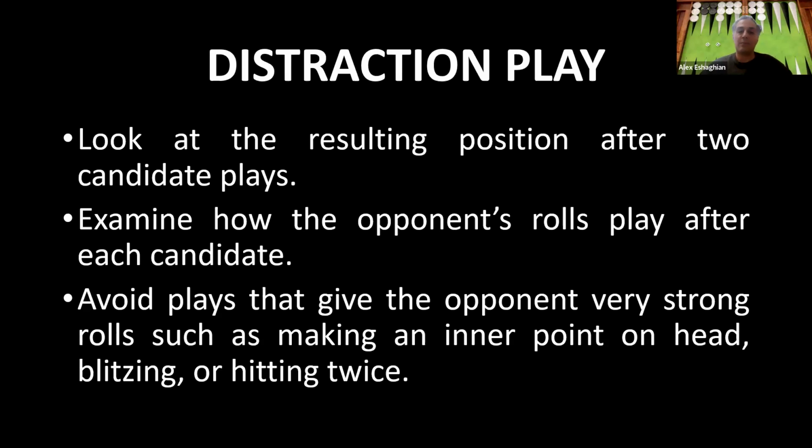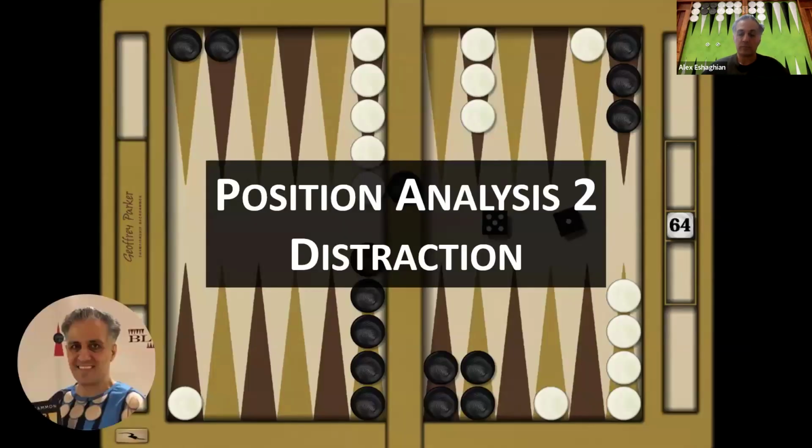Then you need to examine how all of the opponent's rolls play after each candidate. You want to avoid plays that give the opponent very strong rolls, such as making an interboard point on head, blitzing, or hitting twice. So those were the things that we saw in this position.